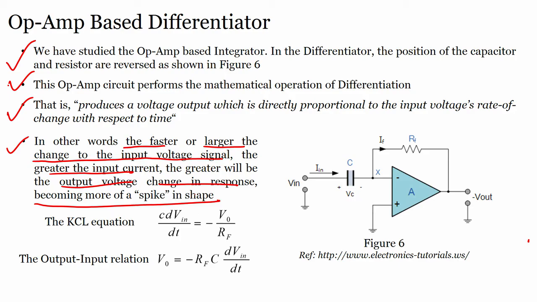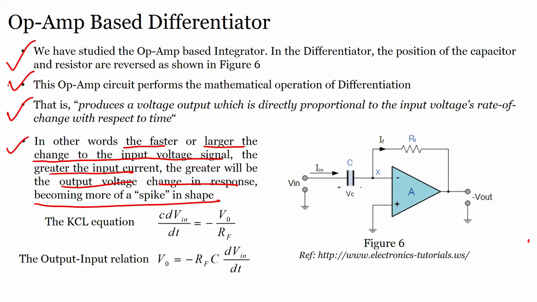We will see this so that you can understand what exactly we mean by this particular sentence. For now, you just understand that if you have a faster or larger change of input voltage signal, then you will have greater input current, and this will cause the output voltage to change in response in terms of a spike signal. We will see this in an actual experiment, and then you will understand.